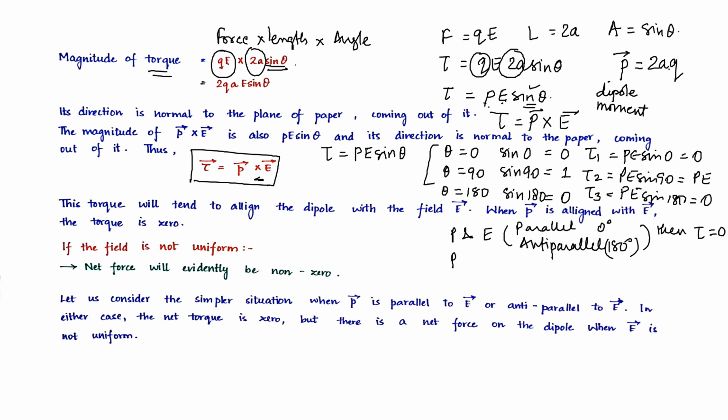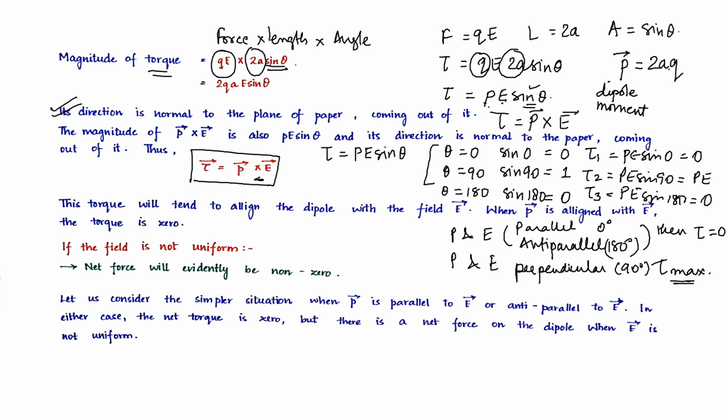Whereas whenever P, the dipole moment, and the electric field are perpendicular to each other, that is 90 degrees, torque is maximum. That's how the alignment of the force, the electric field, and the dipole moment, everything matters when we define the torque.